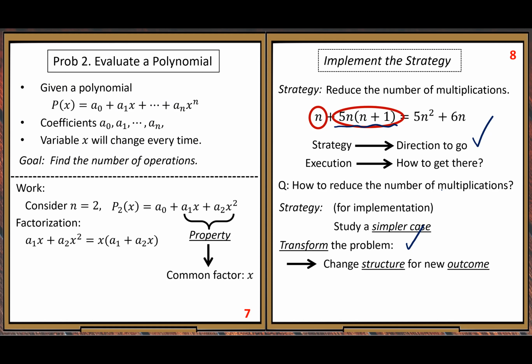If we do the calculation using the left-hand side expression, 3: 1 plus 2, 3. But answer that question again. If we count the number of multiplications using the right-hand side expression, how many do we need? 2. That's different, right?